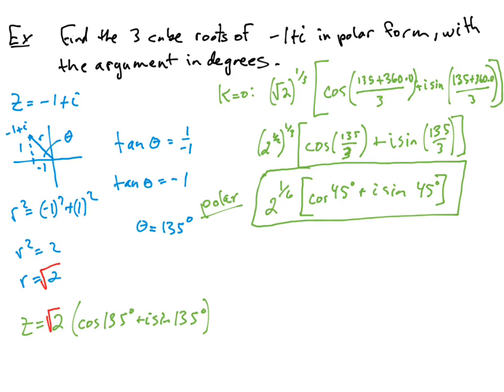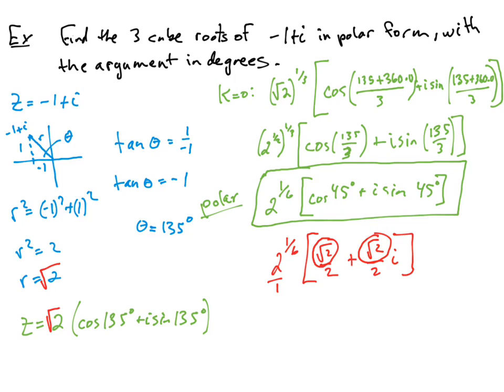Now, if we wanted to continue and write this in rectangular form, we'd say 2 to the 1/6 times, well, cosine of 45 is root 2 over 2 plus i times root 2 over 2, or root 2 over 2i. Then we would multiply that out. This is when things are going to get a little hairy, because these square root 2's are 2 to the 1/2, and this is over 1.